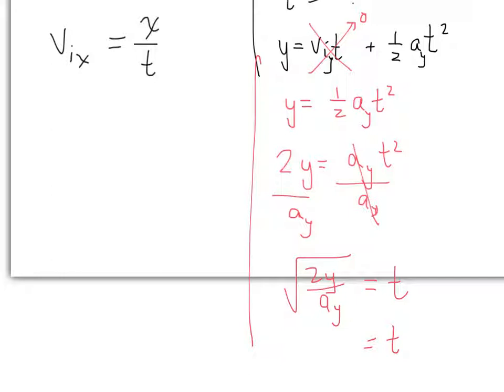Did you take the square root? Nope. So take the square root of the previous answer. What do you got, Jake? 7.8. That's it. 7.8 seconds it takes Tom Cruise to hit the water.